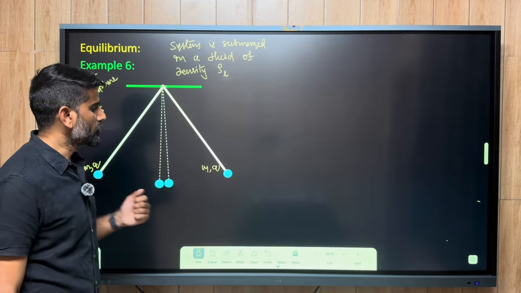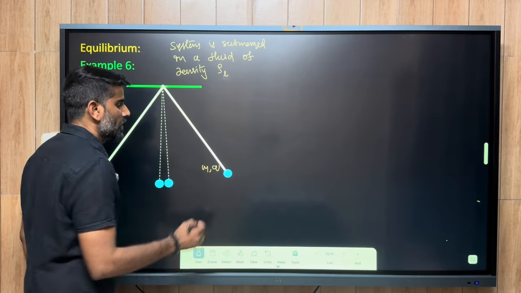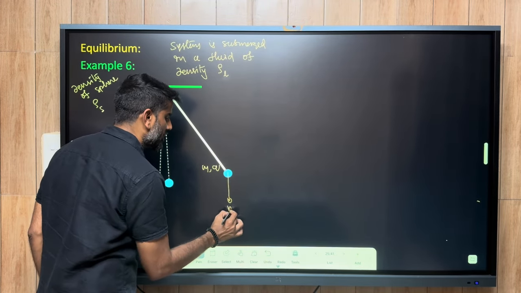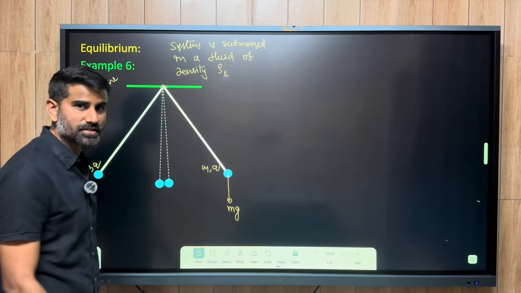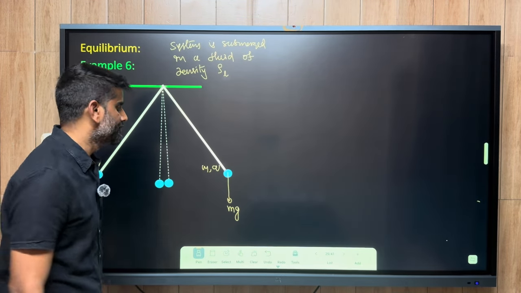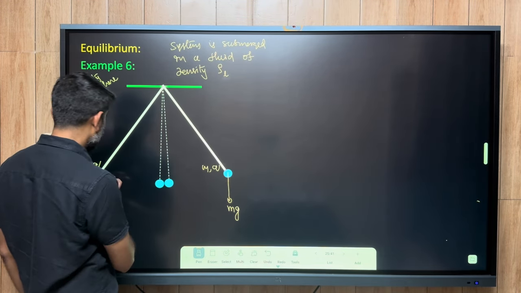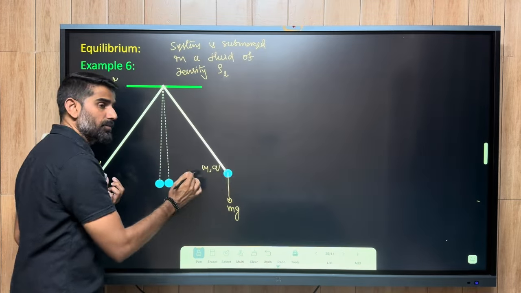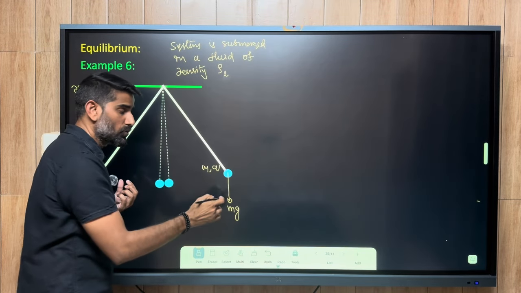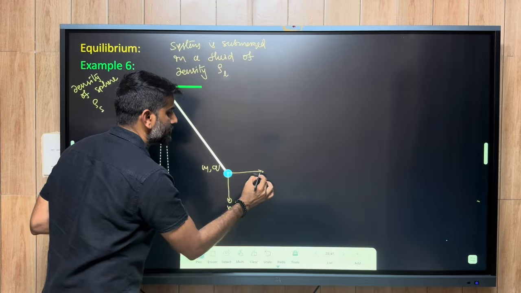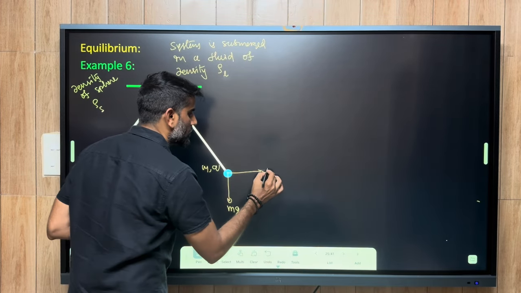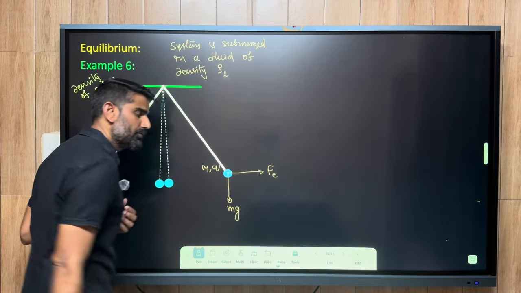Now I'm going to draw the free body diagram. Weight of the object is acting vertically downwards, which is mg, that we have already learned. Now coming to the next one, this sphere is exerting a repulsive electrostatic force on this sphere, away. That is Fe.